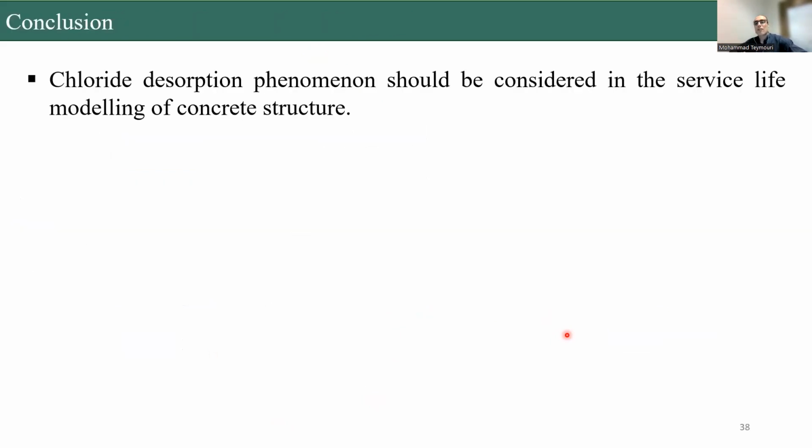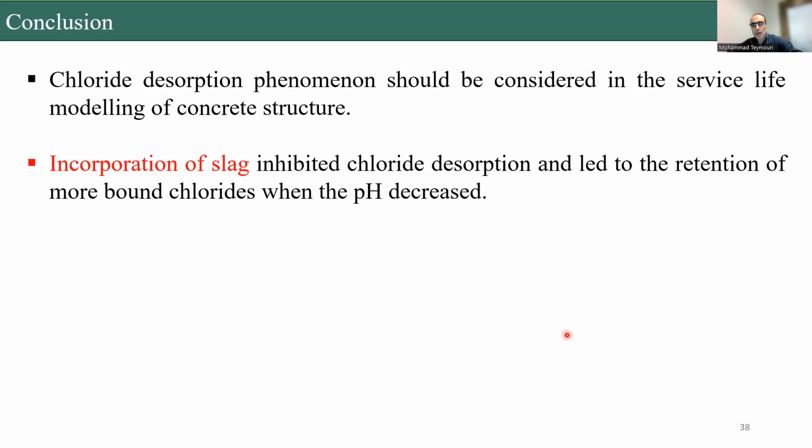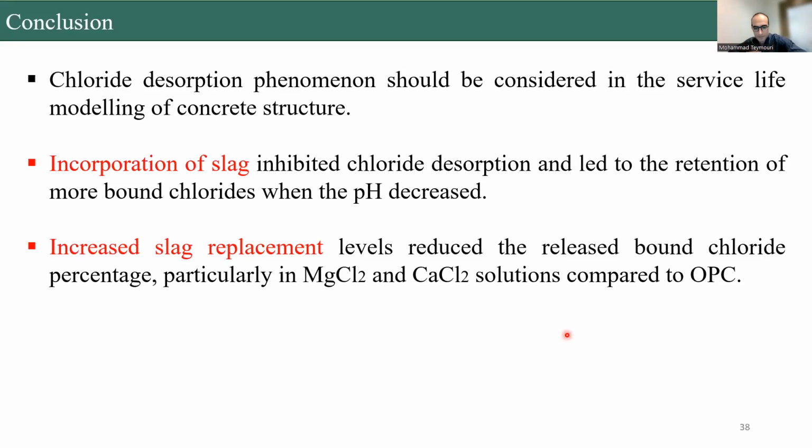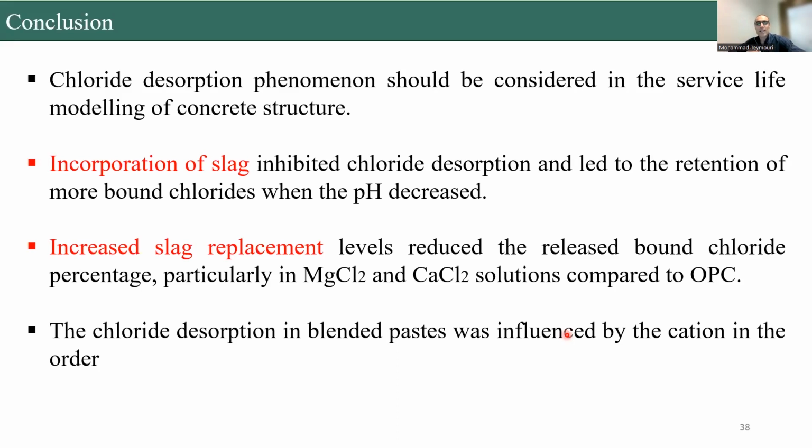And at the end, if I want to have some main conclusions, the first thing is that chloride binding and chloride desorption are neglected in service life modeling. We need to consider that incorporation of slag is good for two reasons. First of all, it increases the binding and also inhibits the chloride desorption or disassociation of the chloride. And also, one more thing is that the incorporation of slag reduces the release of bound chloride in different deicers, compared to OPC and even compared to fly ash containing materials.